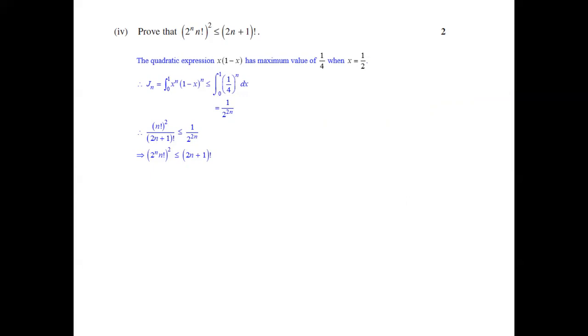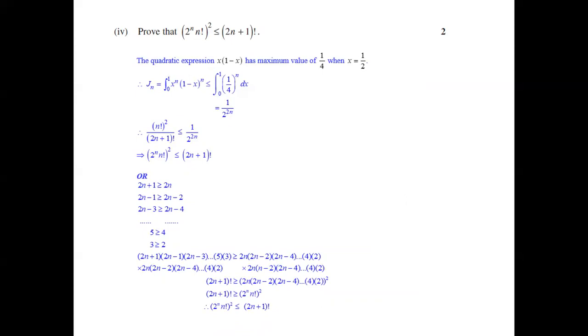Therefore we can integrate from 0 to 1, raised to the power of n. That's what Jn is, so we end up with less than or equal to 1 over 2 to the 2n. Then we substitute Jn from the previous part, and hence we derive the result. So that's a very elegant proof.